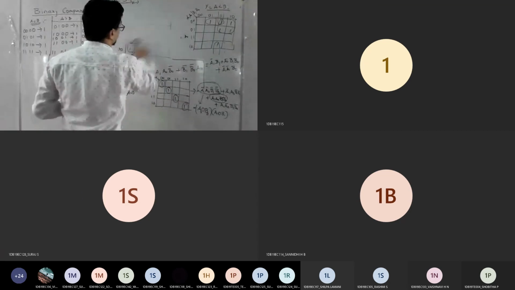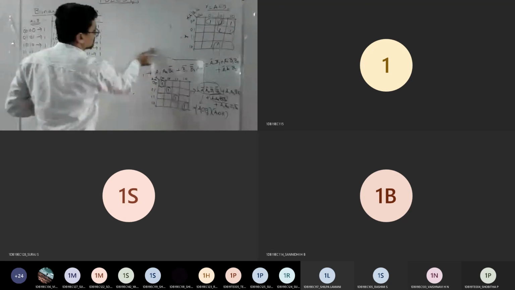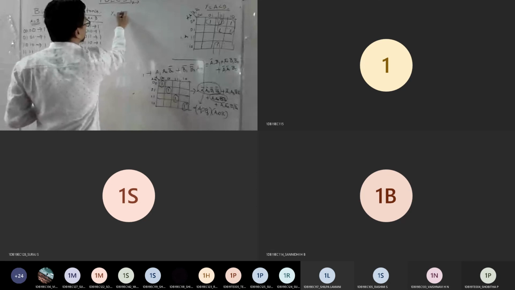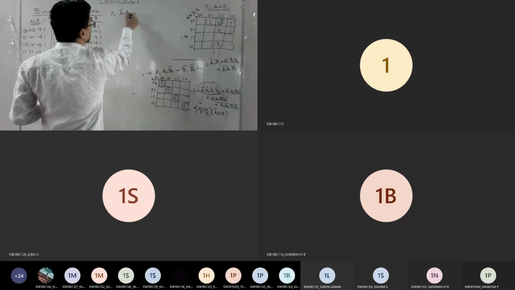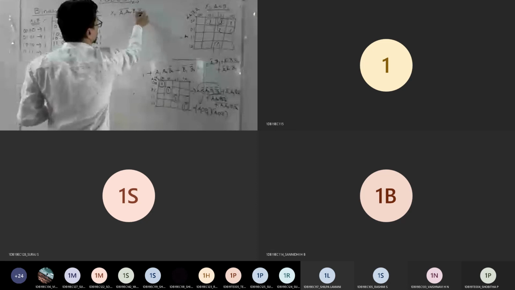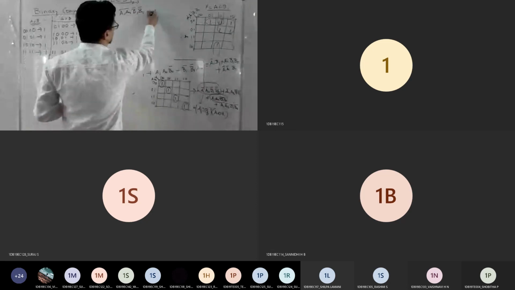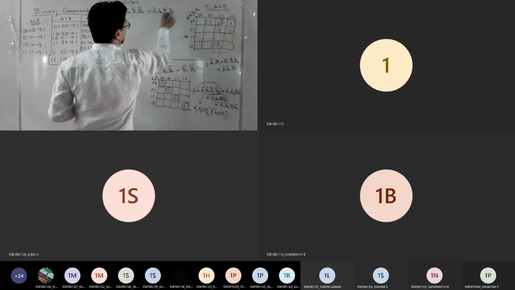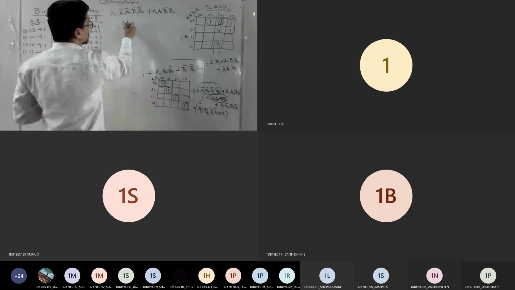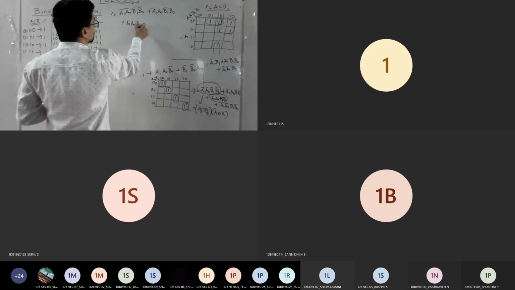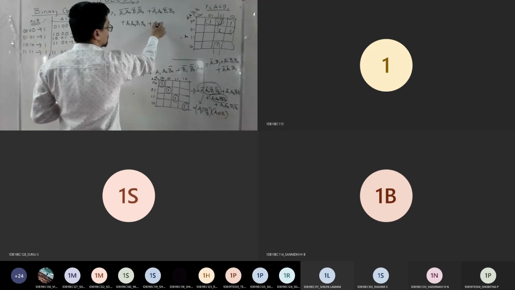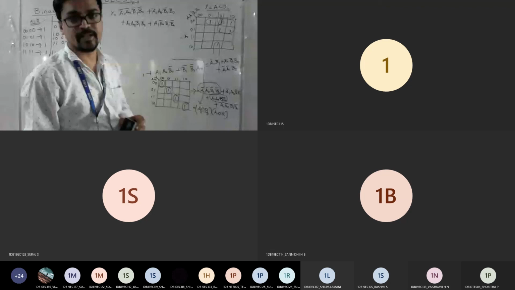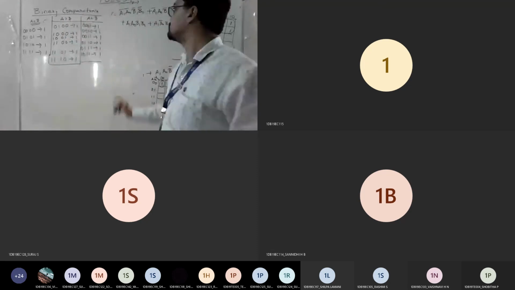I'll write the expression here: Y equals A1 bar A0 bar B1 bar B0 bar plus A1 bar A0 B1 bar B0 plus A1 A0 B1 B0 plus A1 A0 bar B1 B0 bar. Take common terms and tell me the final answer.